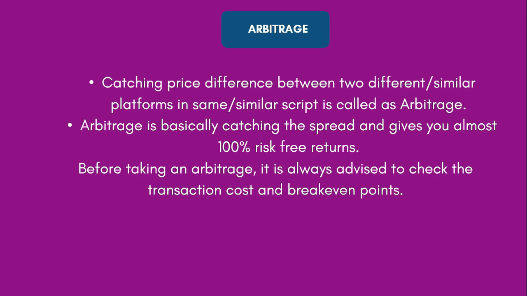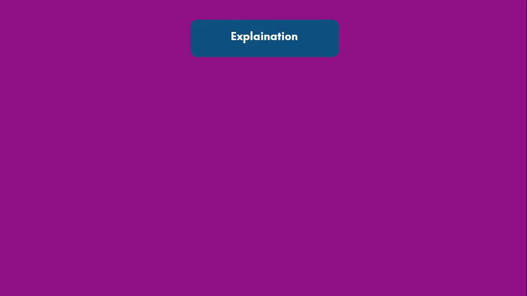So let us try to understand arbitrage in more detail. I'll give you a small example where we can apply arbitrage in the Indian market, especially mixing the Indian equity market and the Indian futures market. For example, consider stock X whose current market price is say 100 rupees in equities. We also know that future prices are generally greater than equity price.